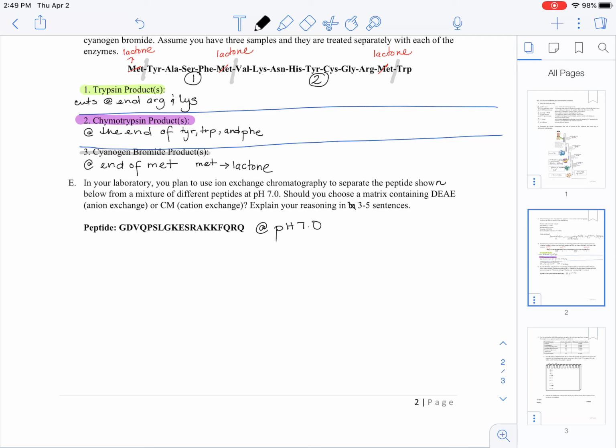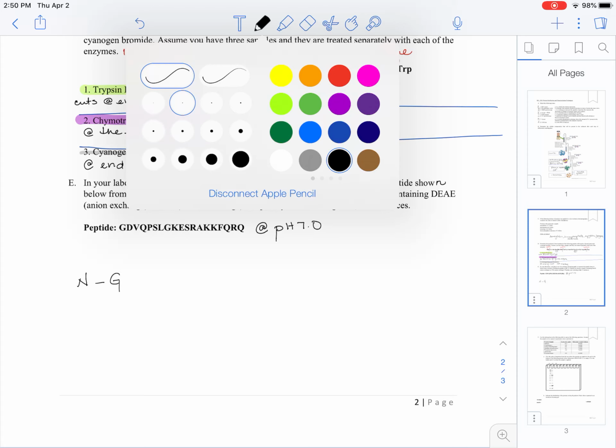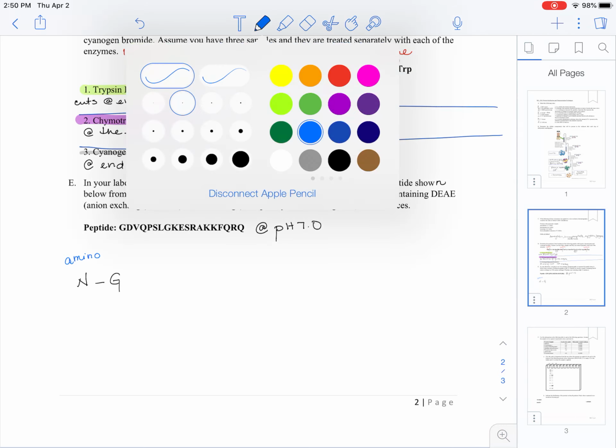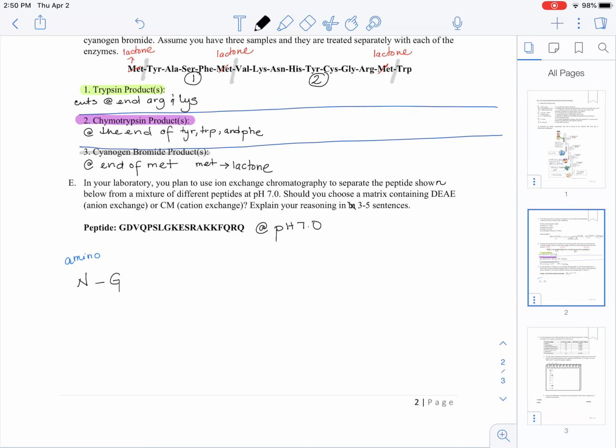So if I rewrite the peptide given, in the first amino acid, which is glycine, the amino nitrogen is going to be exposed. Then I'm going to write all the other residues that are present.